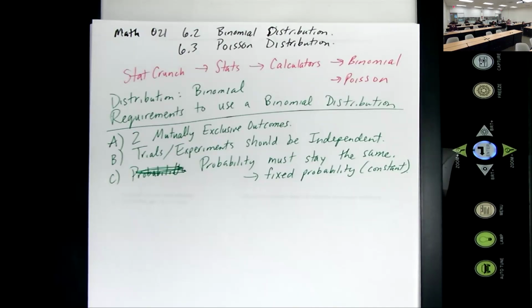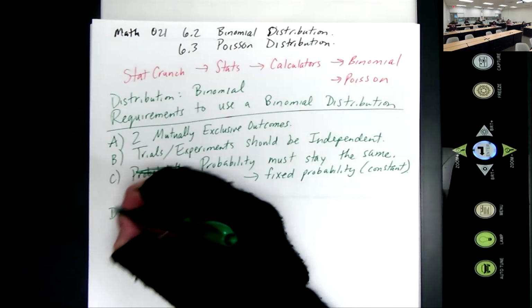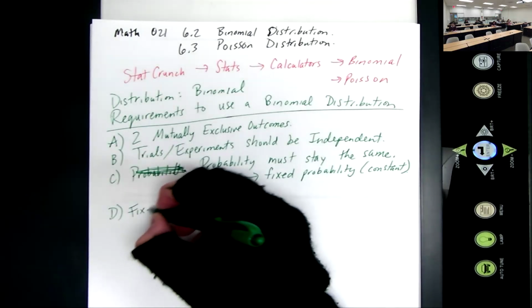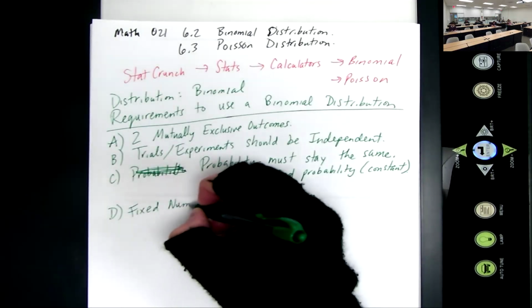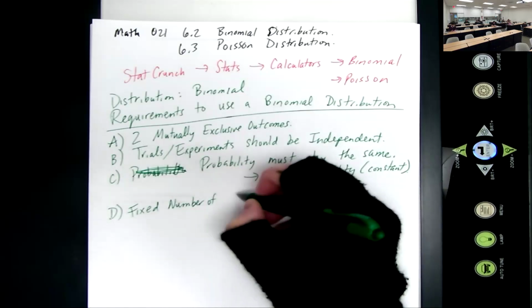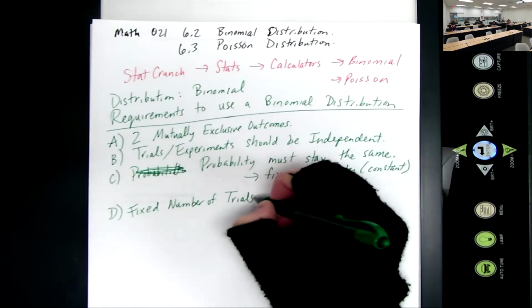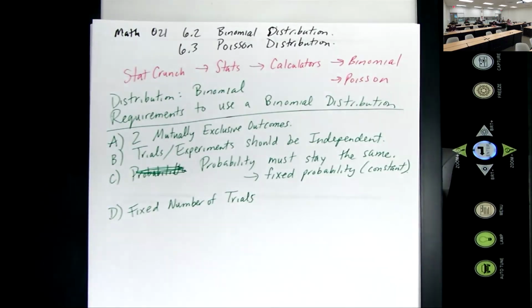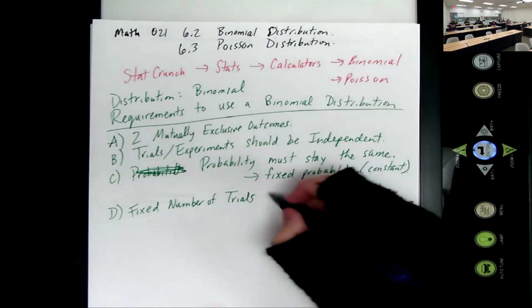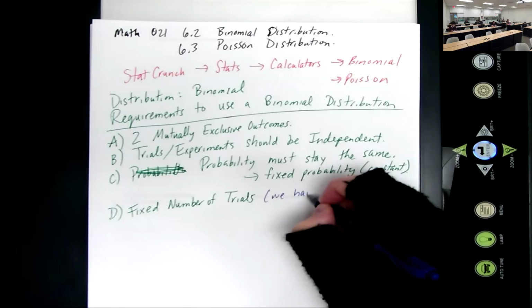Now, outcomes don't have to have equal probabilities, but they just can't change. And finally, D, we need a fixed number of trials. And fixed means we have a set number, no more, no less.